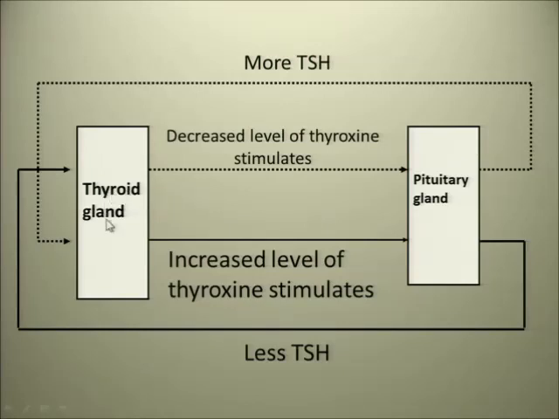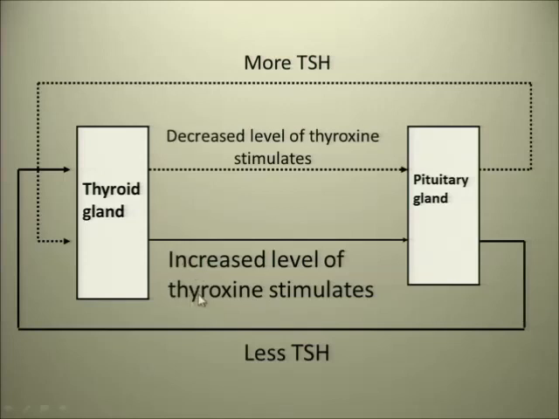We know the thyroid gland secretes thyroxine. Decreased levels of thyroxine will stimulate the pituitary gland to produce more TSH. Now if there is more TSH in the blood, it will stimulate the thyroid gland to increase levels of thyroxine.